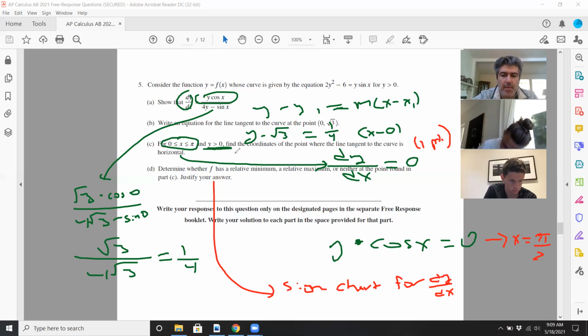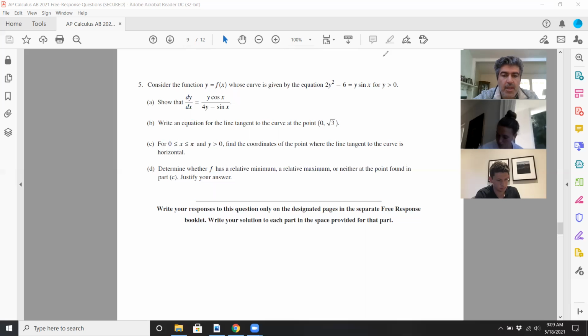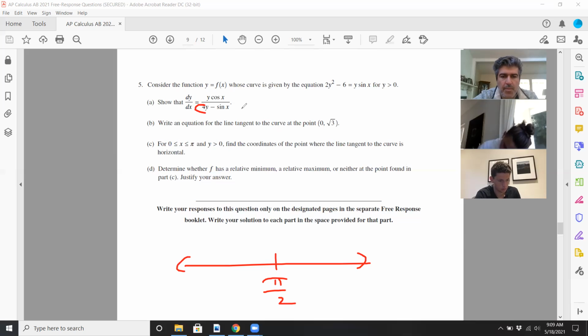The other part you have to think about a little more carefully. What's going on at pi over 2? Let me clear my screen here because I'll need some space. So you could potentially say, well, here's a sign chart, pi over 2. Technically, you should also look at what makes the bottom 0, because those are critical points. That's at 0 and pi, but we're really just interested at pi over 2. Because this is Q1, by the way.